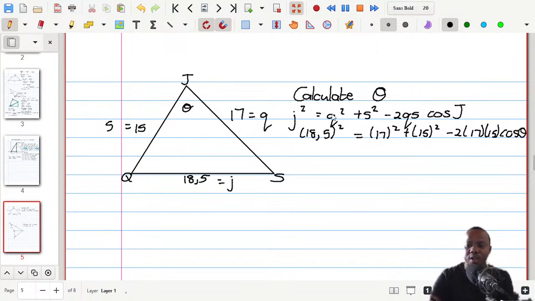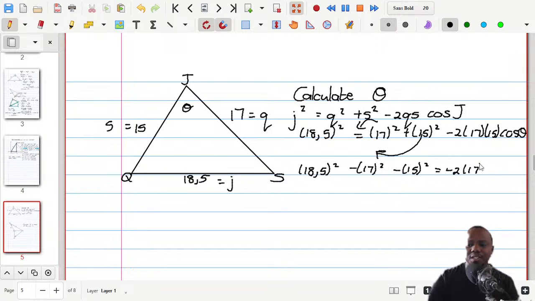Now we need to rearrange this so that we've got cos of theta on one side. I am going to transpose these two. So this is going to be 18.5 squared minus 17 squared minus 15 squared is equal to negative 2 times 17 times 15 cos of theta.